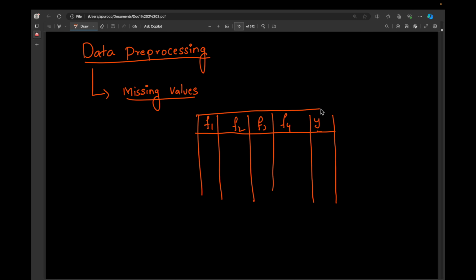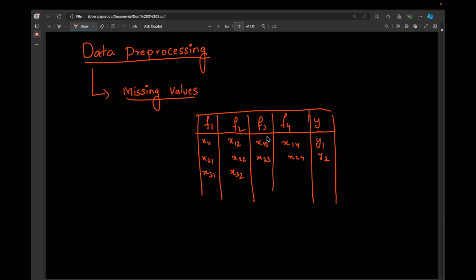So you collect feature 1 information, that is, let's say x11, feature 2 information x12, feature 3 information x13, and feature 4 information x14. For these input values, my corresponding output is y1. And similarly, x21, x22, x23, and x24.